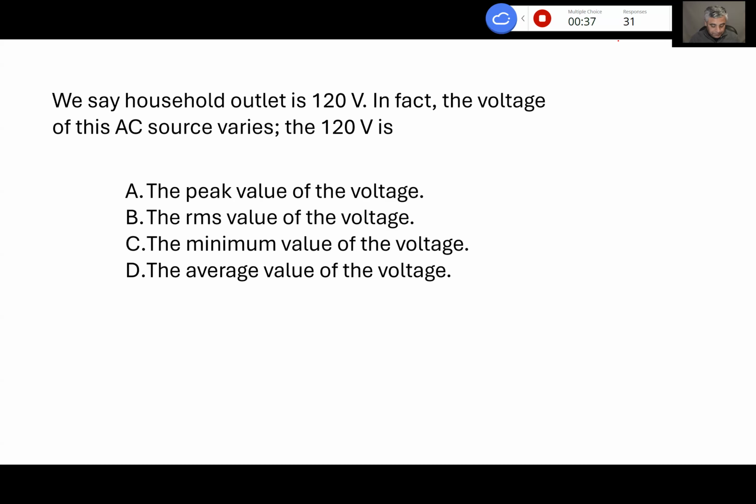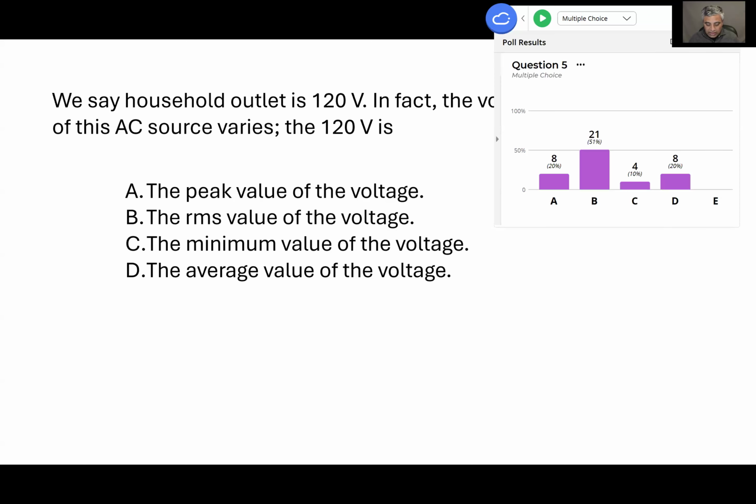Thirty more seconds. 5 more seconds. 5, 4, 3, 2, 1, and it stops. Let's see what we got here.